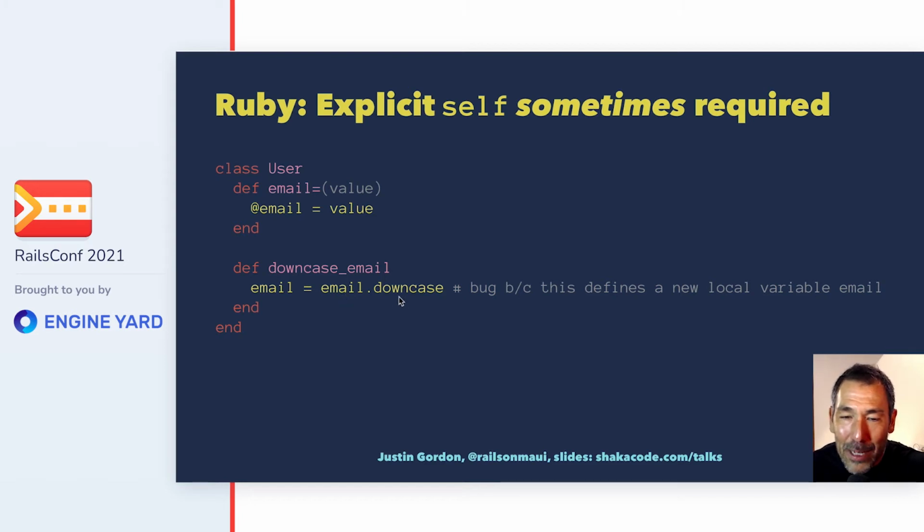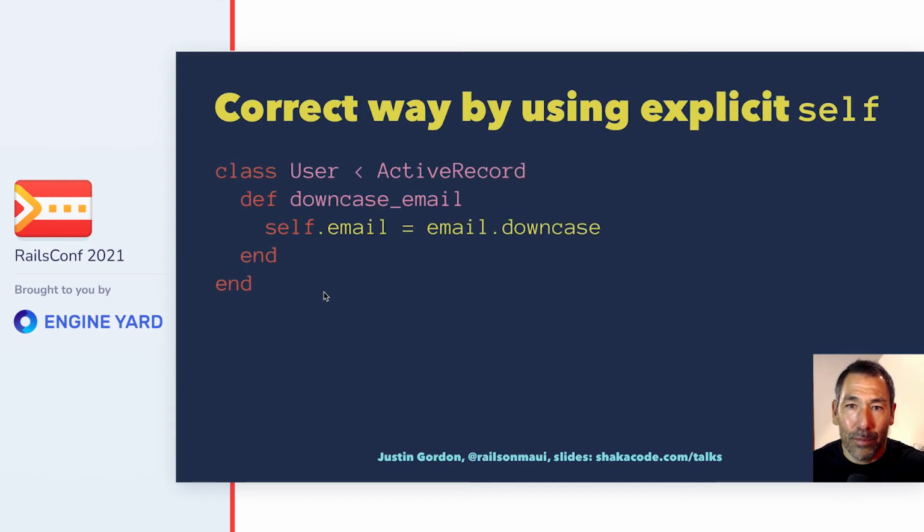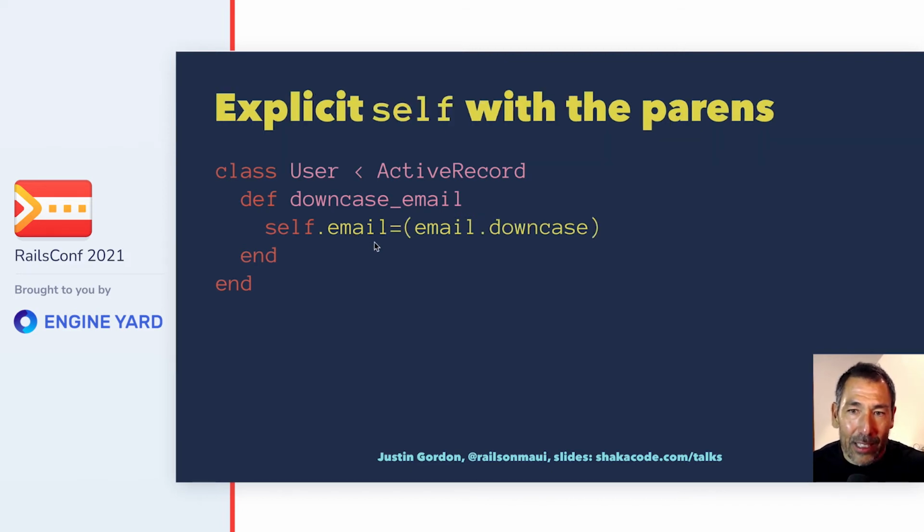The problem is this doesn't work, because email = is not calling the email= method. What we're doing is defining a new local variable. So this is the correct way: you have to use self.email. And if we look at this with the parentheses, it becomes very clear what's happening. You're calling self with email= and with an argument of email.downcase.